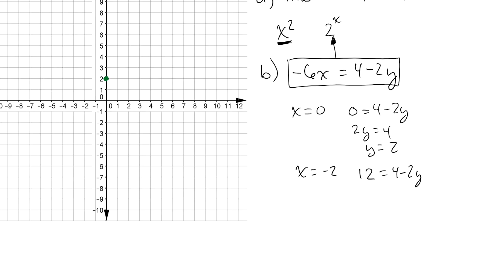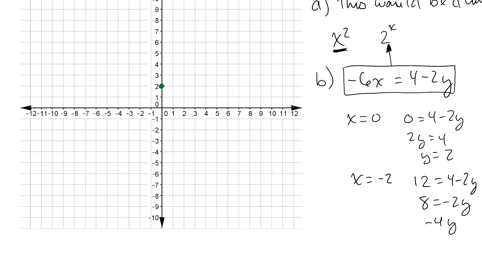If I take away 4 from both sides, it becomes 8 equals negative 2y. And then when I divide by negative 2, I get negative 4. So I get y is negative 4. So if x is negative 2, y should apparently be negative 4. So let me put that point down. Negative 2, negative 4. So I believe this should also be a point on the line. Okay, so a third point.